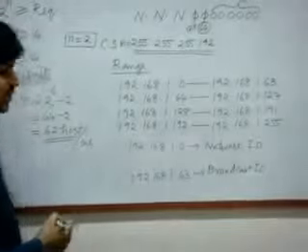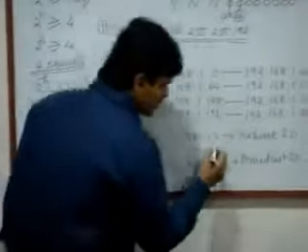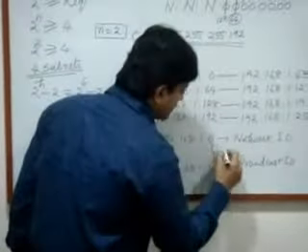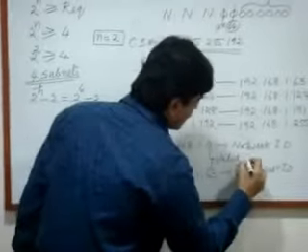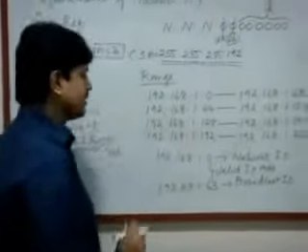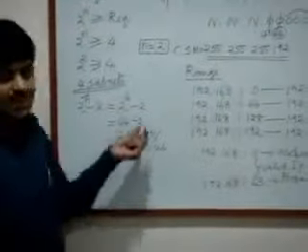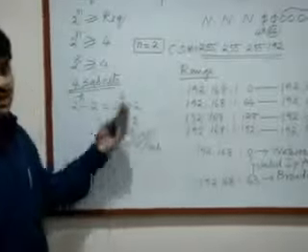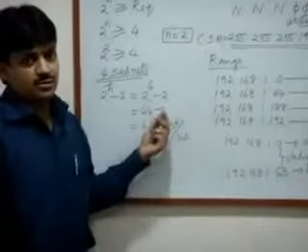These 2 addresses are reserved. In between these 2 addresses we have valid IP addresses, which we can use for hosts or clients. So this is subnetting, an example in class C. Like this we can do it in class B and class A also. Okay, thank you.